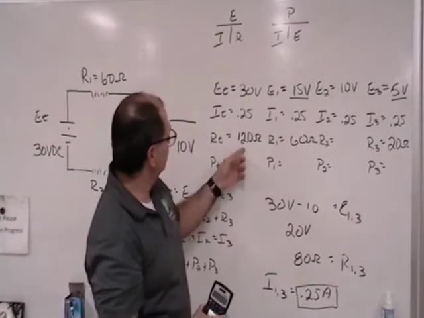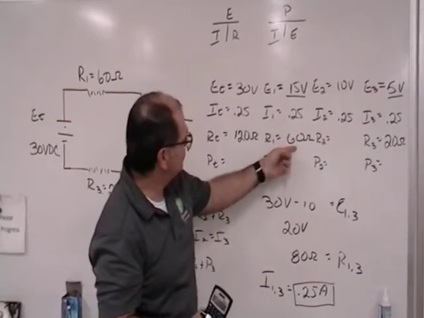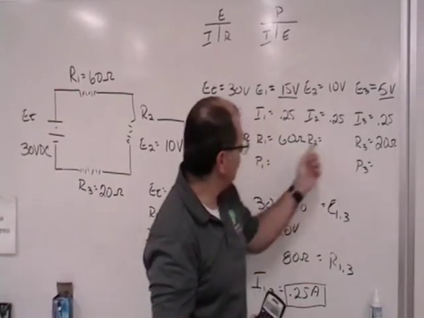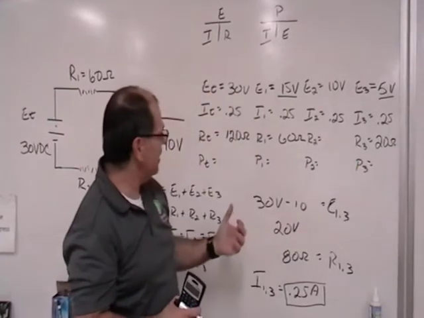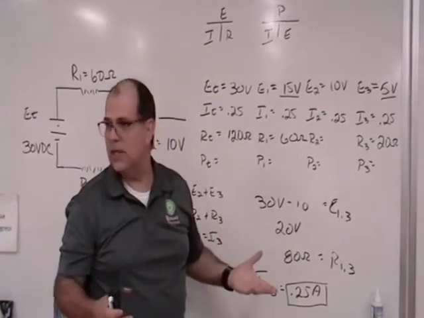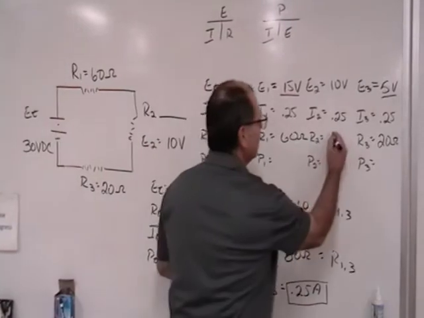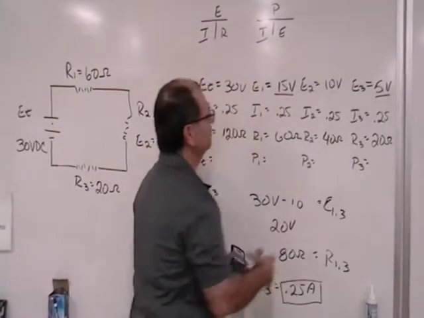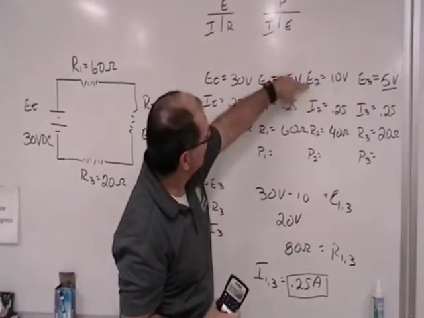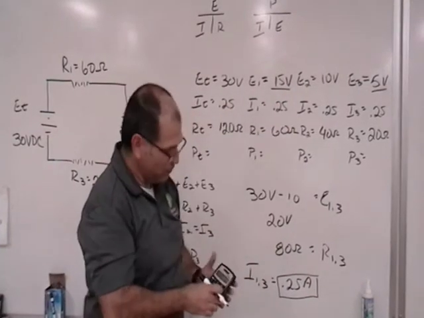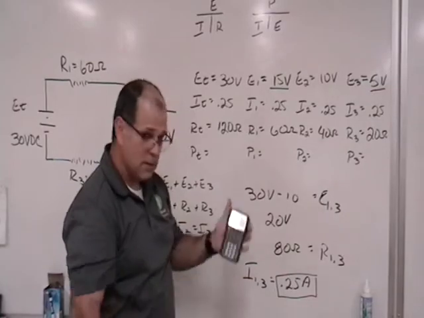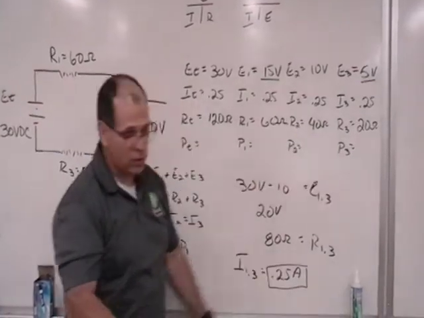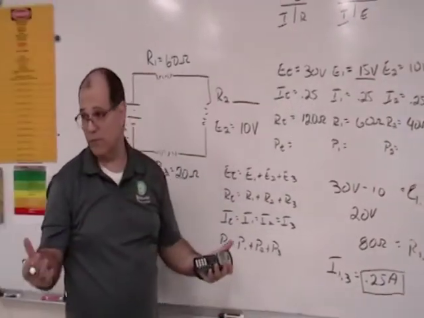If I have 120 ohms total, and I have 60 ohms here and 20 ohms here, so I have a total resistance between 1 and 3 of 80. 120 minus 80 gives me what? 40 ohms, correct? Well, do it this way. 10 volts divided by 0.25 is 40. Okay? So there's more than one way to be able to solve for these values.